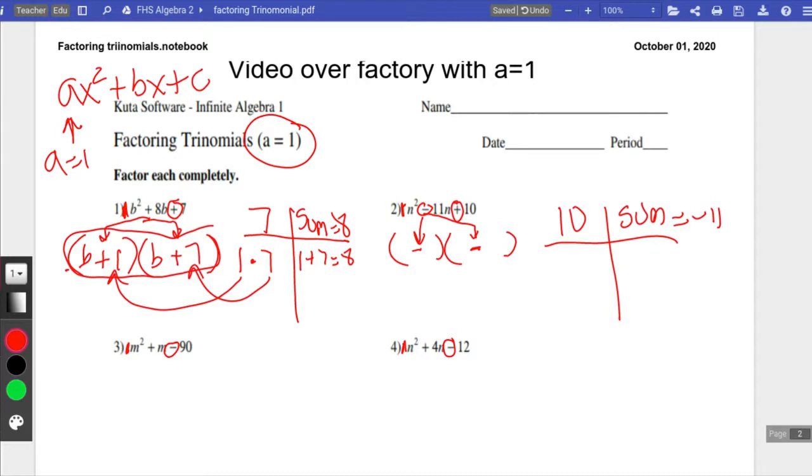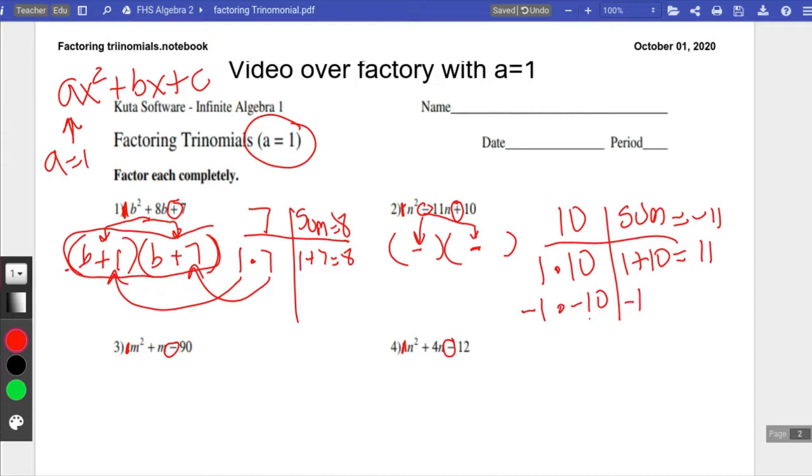Let's go to number 2. The factors of 10. We always start with 1. 1 times 10 is 10. But what about 1 plus 10? Would that give you negative 11? No, it would give you positive 11. Well, what if we did negative 1 times negative 10? That would give you positive 10.